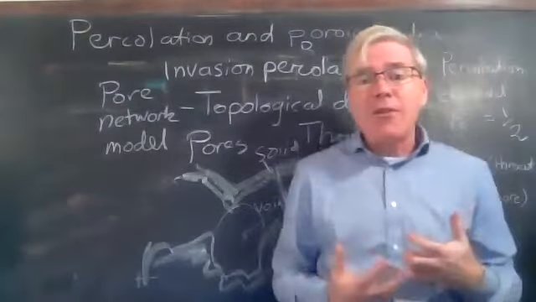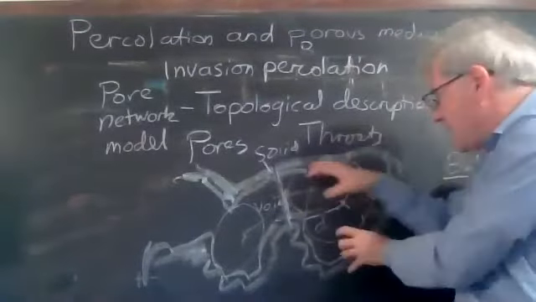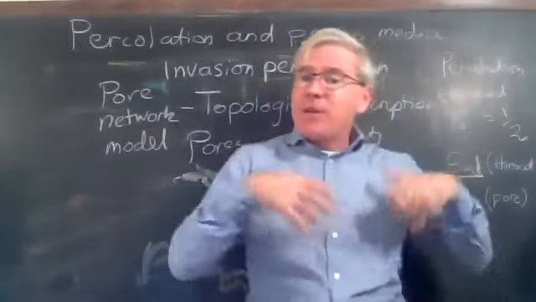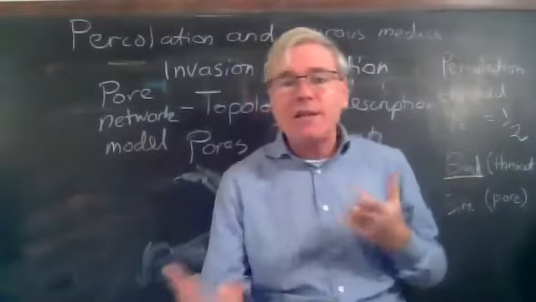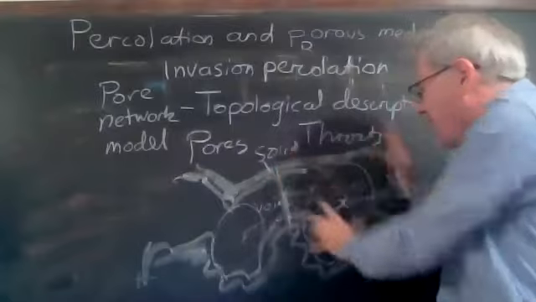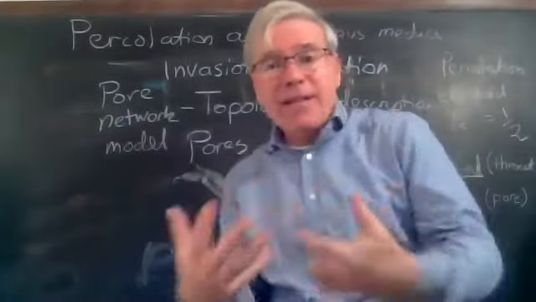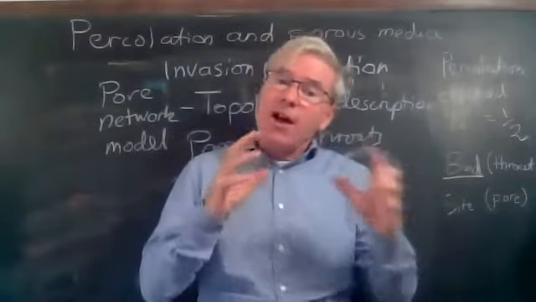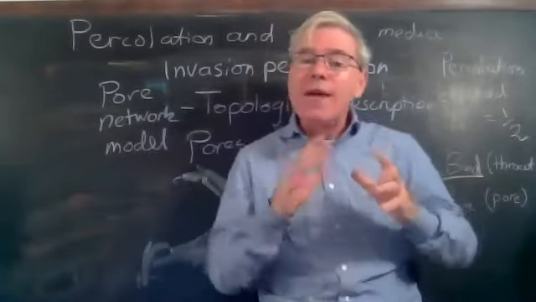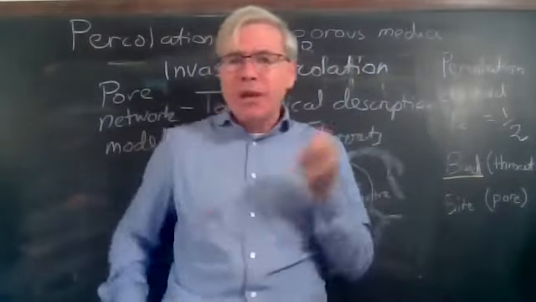If I'm interested in other processes, I can give it a shape to describe how much wetting phase, say, is in the corners. If I'm interested in interfacial area, I can say it's interfacial area. If I'm interested in chemical reaction, I can have some effective reaction coefficient or an effective area for reaction. I can assign to any pore and throat whatever information I need. It doesn't have to be a simplification.